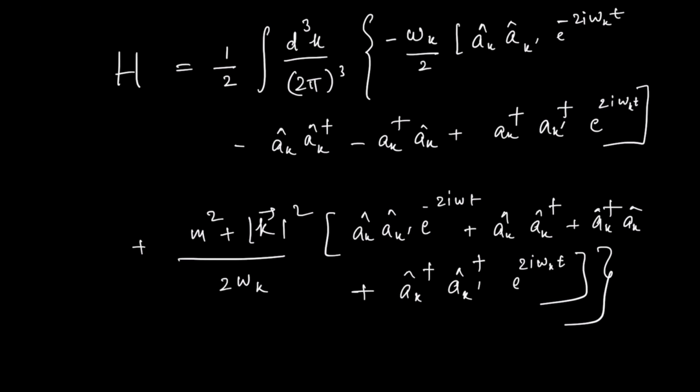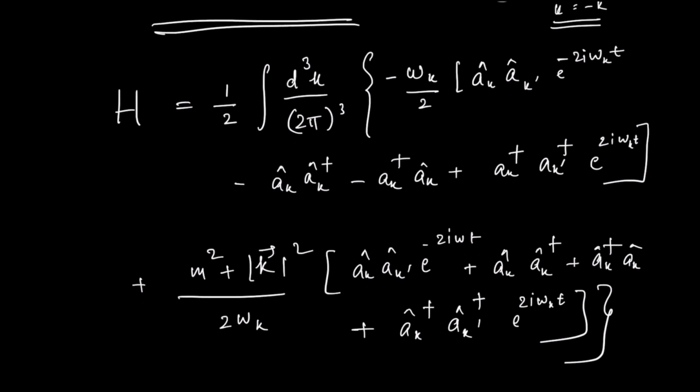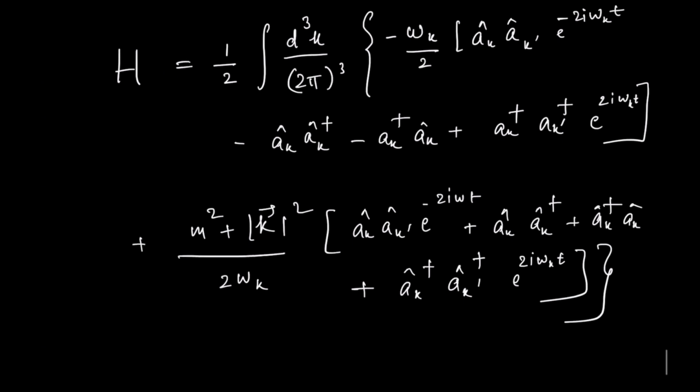So I can still do some cancellation somewhere. Let me see. Here you have ak dagger ak, and here you have minus ak dagger ak. So I can take the common outside.